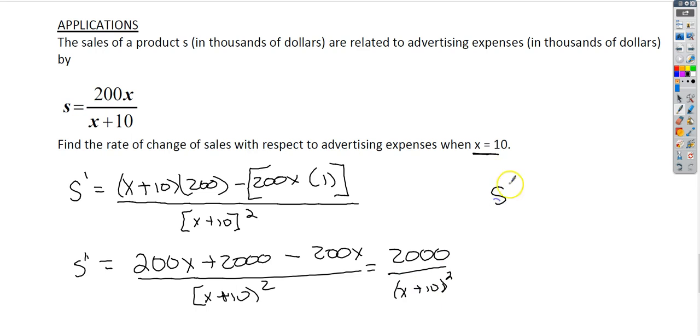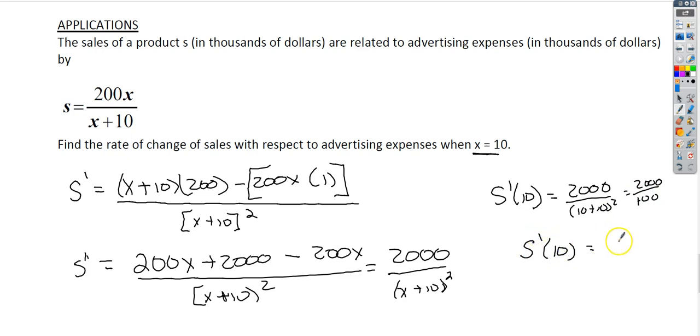So now if we put 10 in, we get 2000 over 400, silly, which would be 5.